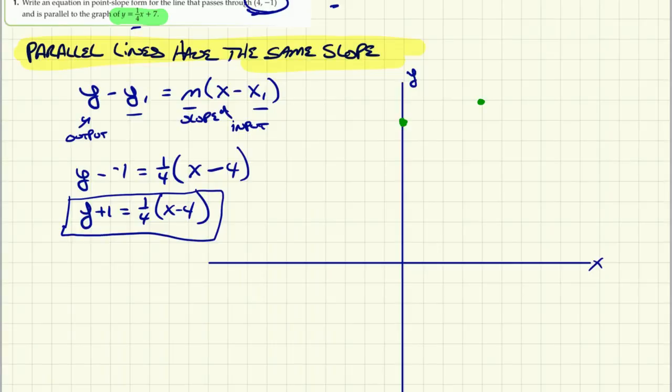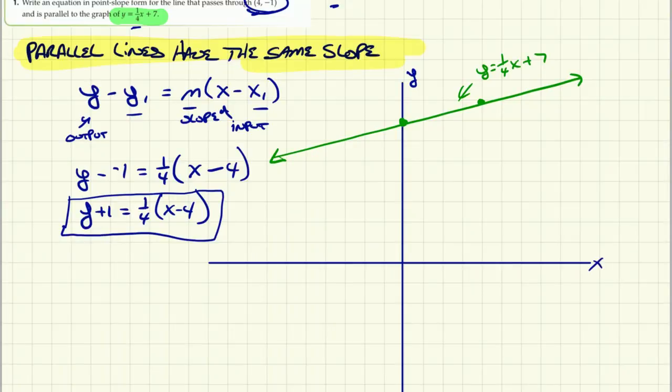This is another point on the line. I can take my straight edge and connect the dots, and I'm going to have the line y equals 1/4 x plus 7. Good so far.